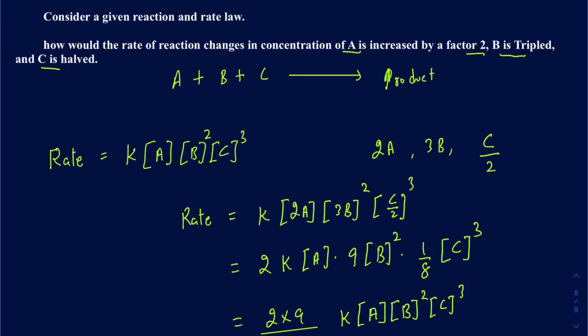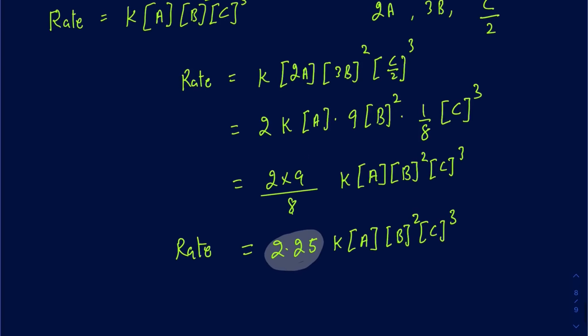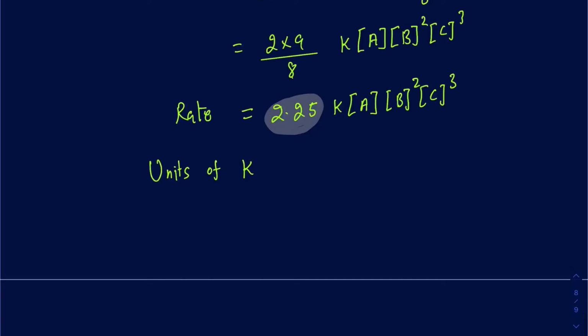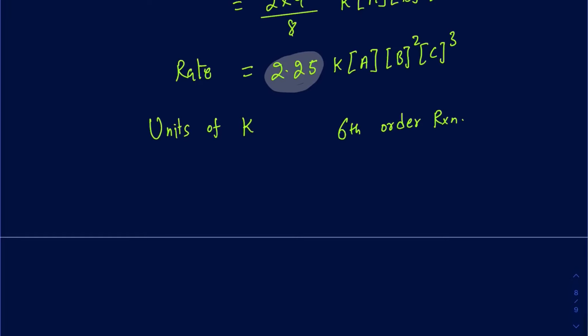You may not have 3 reactants, you may have only 1, or you may have 2 reactants and stuff like those. Just as a bonus, what's going to be the rate constant unit here? So let me talk about the units of k here. Since overall it's going to be a 6th order reaction, because you have 3 plus 2 plus 1, so it's a 6th order reaction.